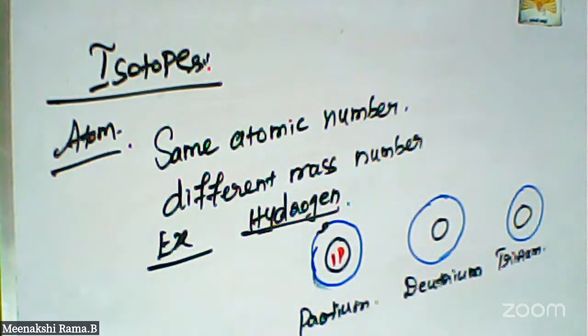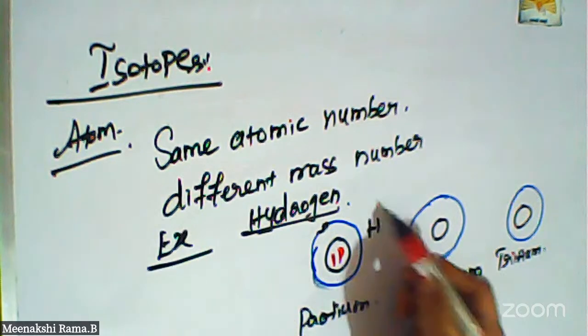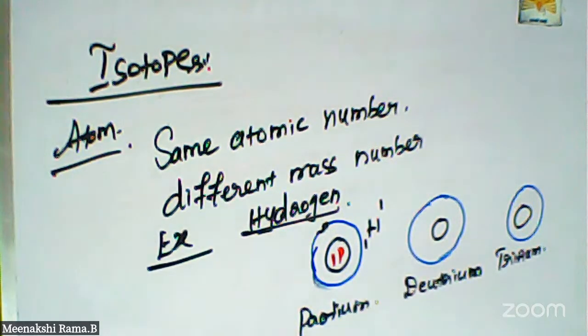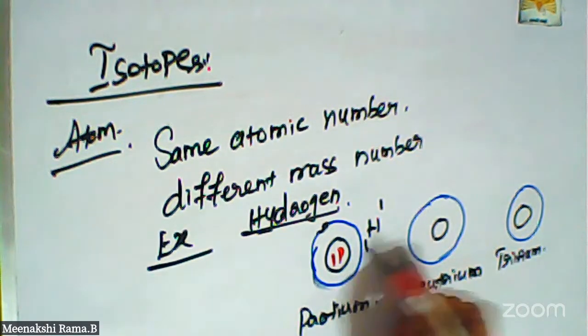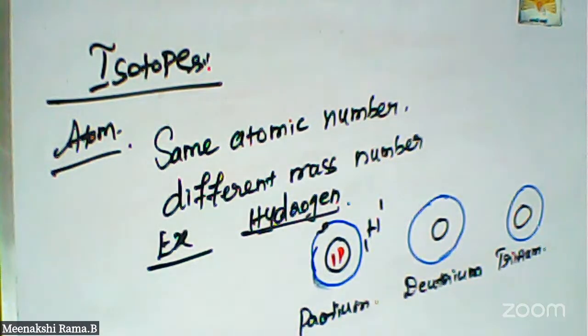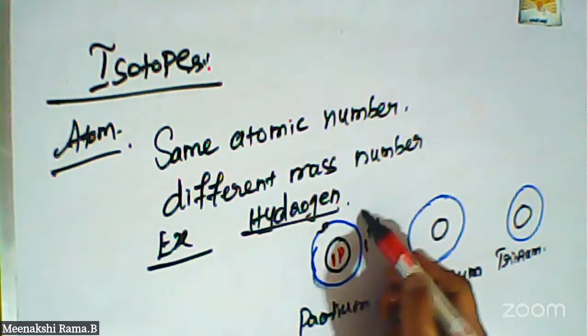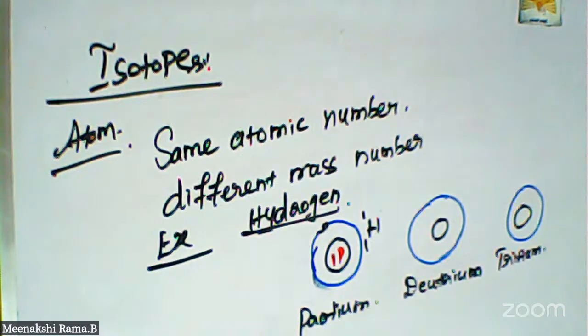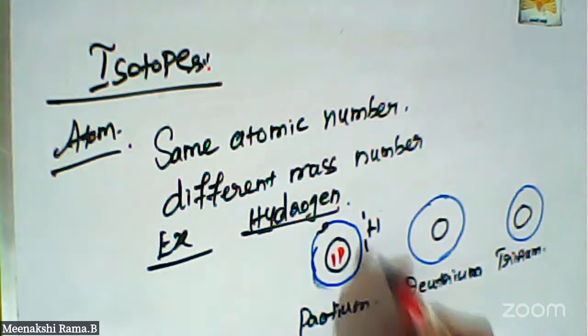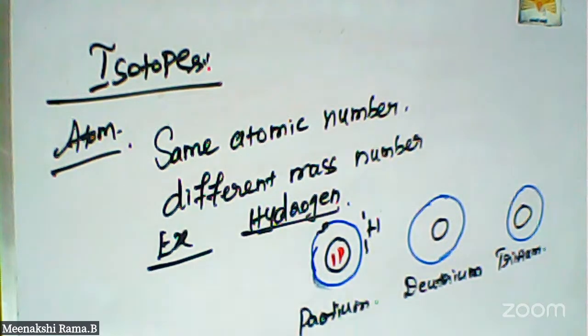So this is hydrogen-1. Subscript denotes the atomic number, and superscript denotes the mass number. In protium, only one proton and one electron, so the atomic number is 1.